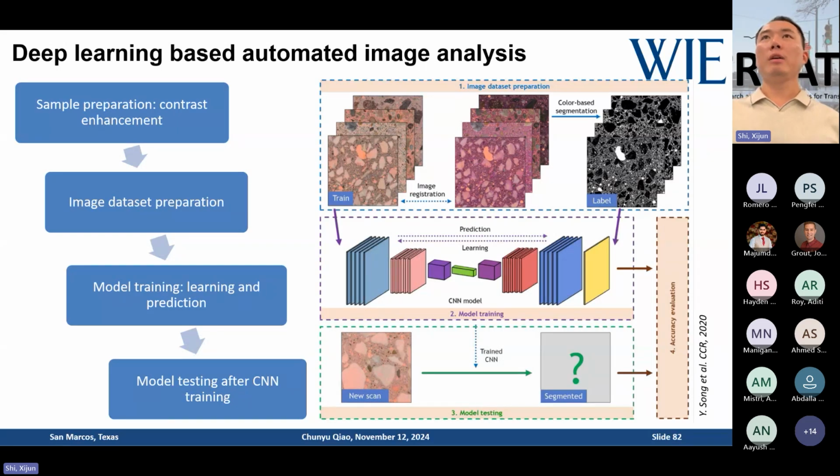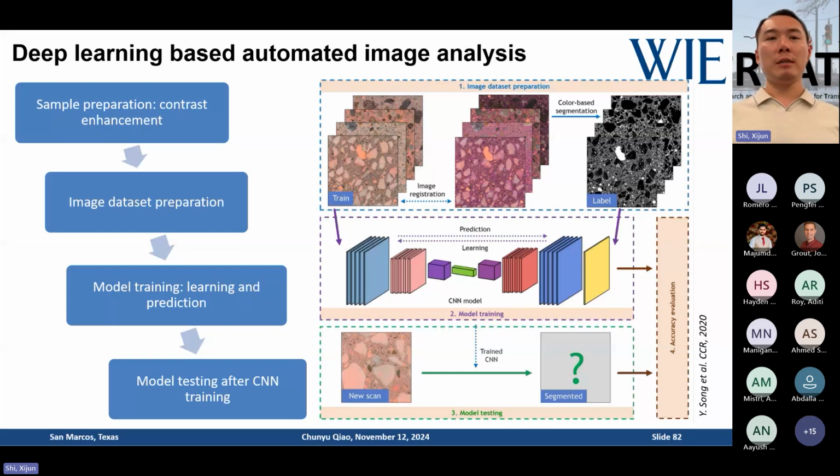A petrographer doing a complete air void analysis with spacing factor and surface area will need at least 1.5 to 2 hours nonstop in front of the microscope. You have to look through the microscope and do a point count. So it's not super efficient, very manpower consuming and time consuming.